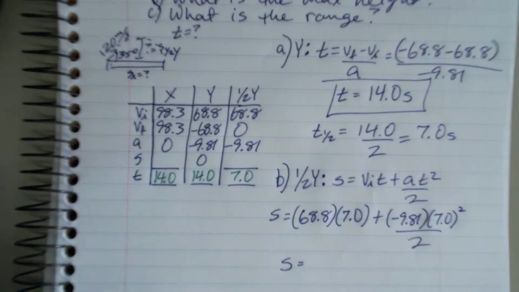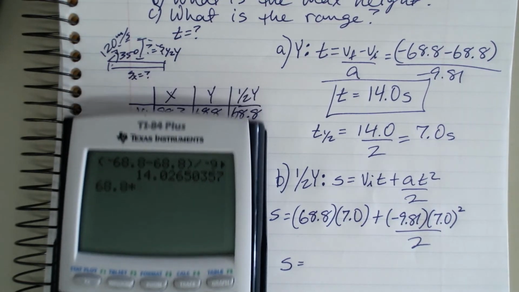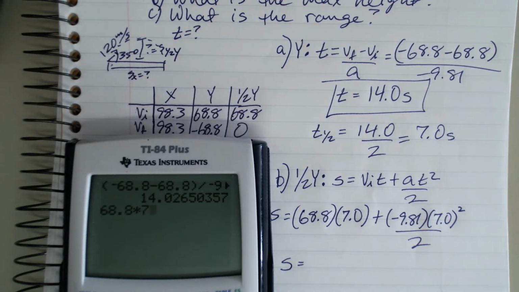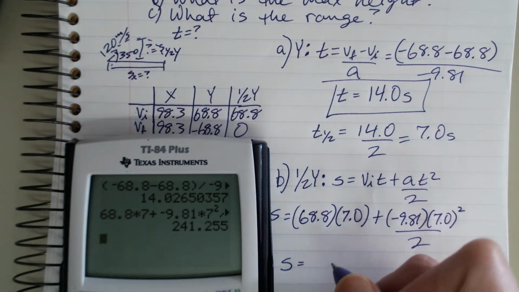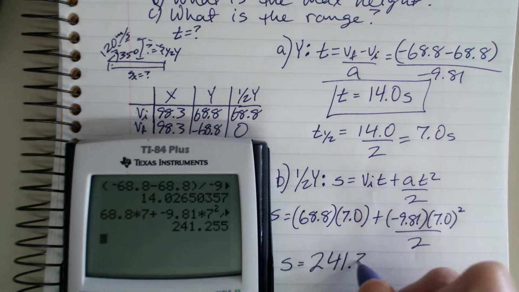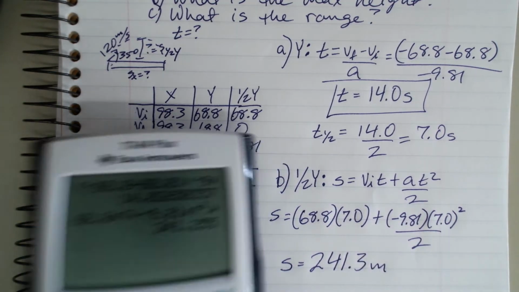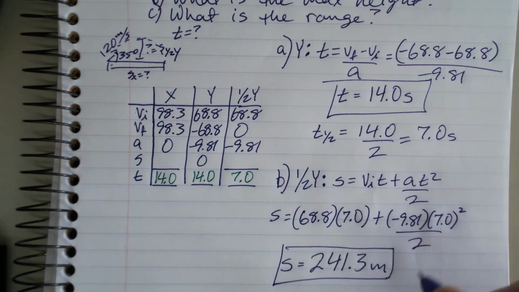And then you just stick it in your calculator. So I get 241.3 meters. And that is my max height. That's how high the shell goes.